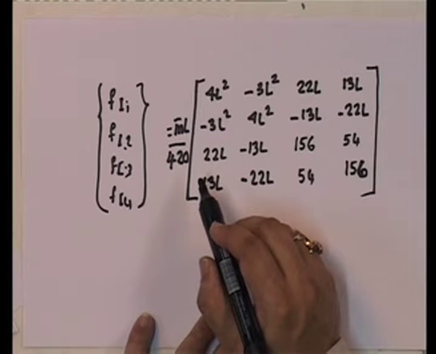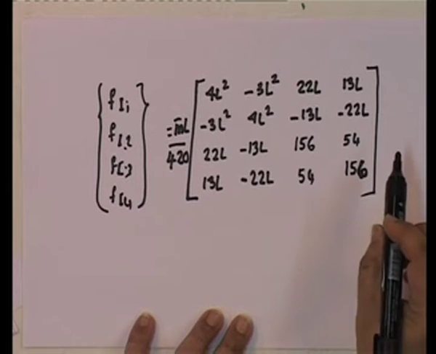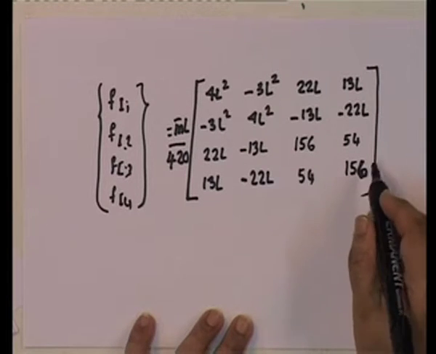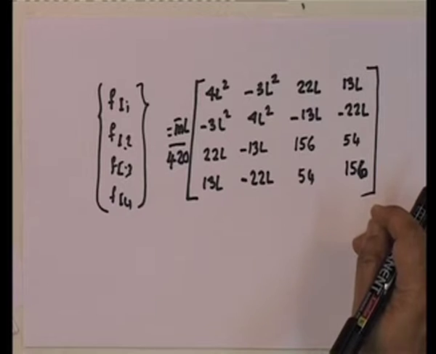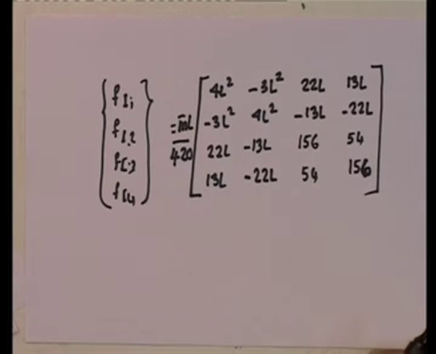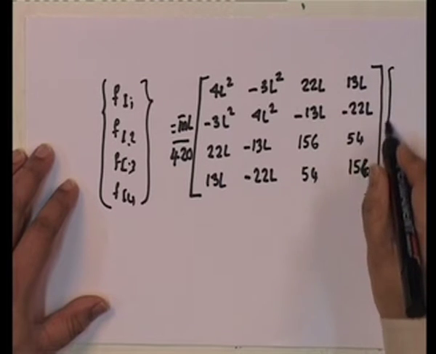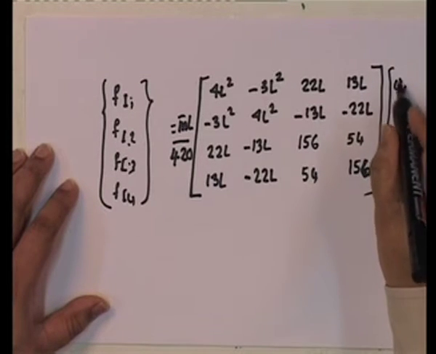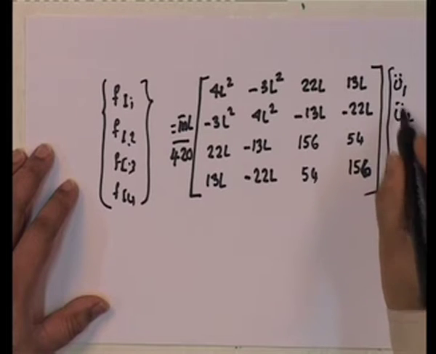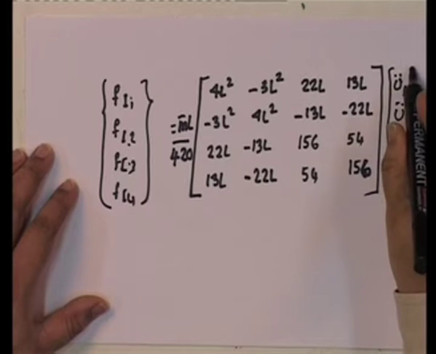Now, if you look at this 156, we've got this number 156 upon 420, which actually turns out to be 0.38 something, and this number we got earlier when we developed the equations of motion for a generalized single degree of freedom problem. So, note that, and this into V1, V2, V3, V4.